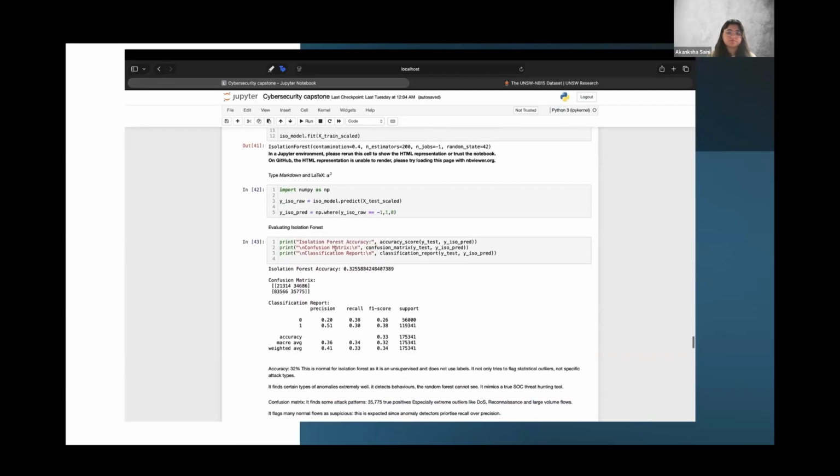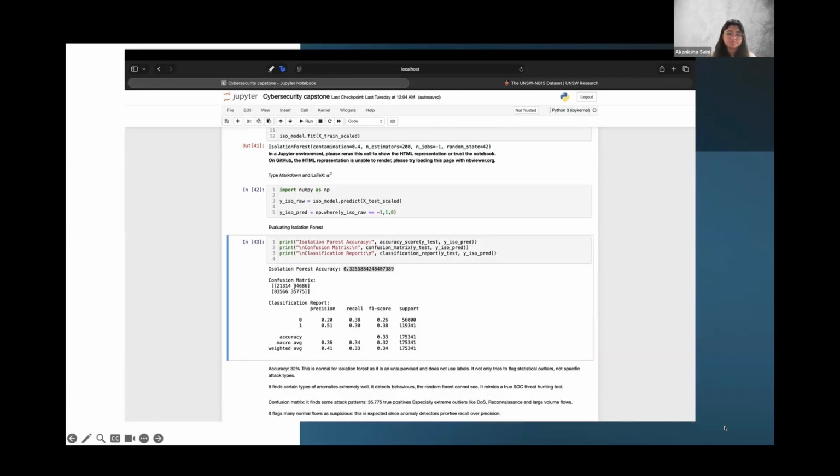So when we evaluated the isolation forest, we saw that the accuracy was really low, around 32%. But this is totally misleading because in anomaly detection, we're not looking for accuracy, we're looking for discovery.